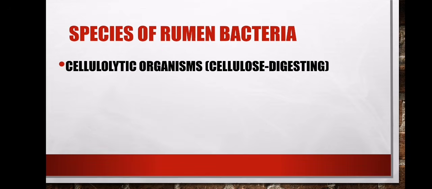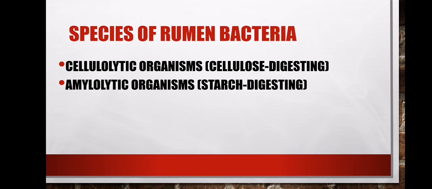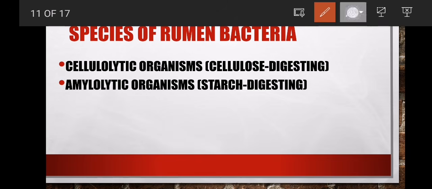The second rumen bacteria, amylolytic. Again, good people, the word amylo is taken from an enzyme. This enzyme, we give it a name and say it's amylase.